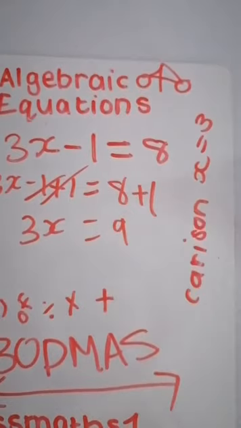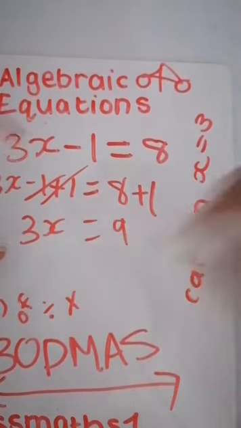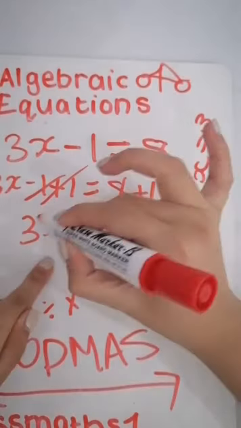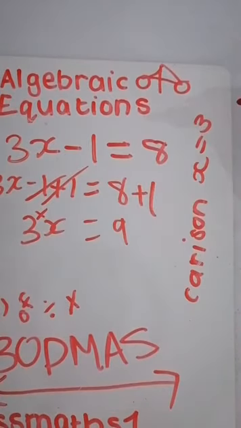So we've done that. And you guys can see at this point, there's no addition that's happening. So we won't be needing to do any addition. But hey, there's multiplication. Between the 3 and the x, there's an invisible times. So to get rid of the times, you do the opposite operation, which is division.